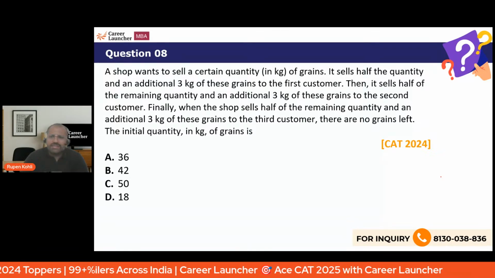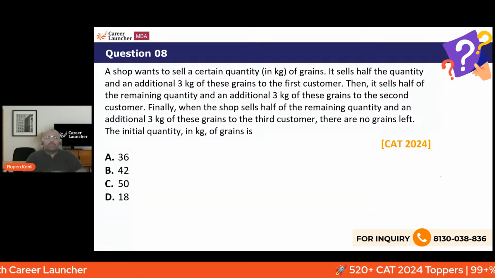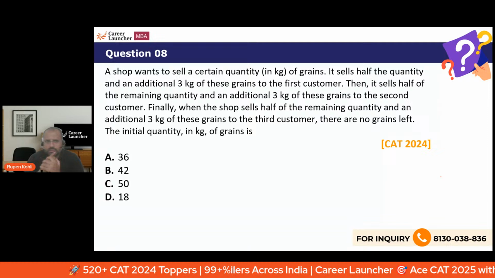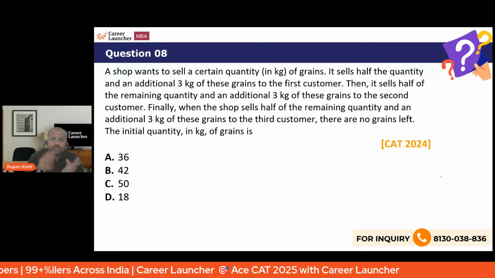So actually this is quite, I would say, a routine problem that appeared. My intention of bringing this problem was to discuss how we can solve problems through multiple approaches, right? In this, you see there is a sequential chain of events happening repetitively.